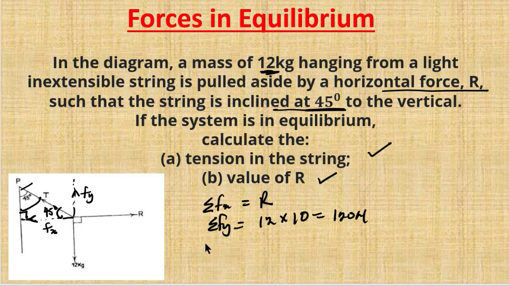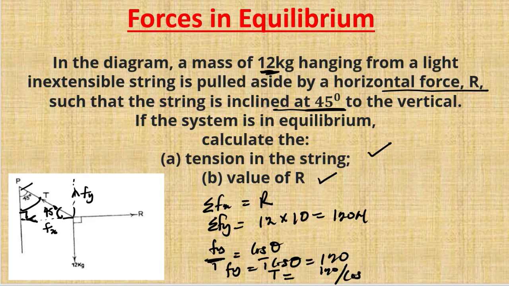I know that Fy over T is equal to cos theta. So that Fy now is equal to T cos theta, and this is equal to 120. So my T obviously will be the same thing as 120 over the cos of 45 degrees.